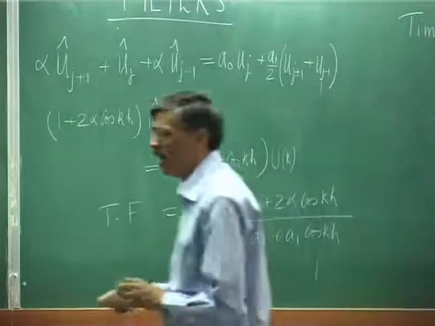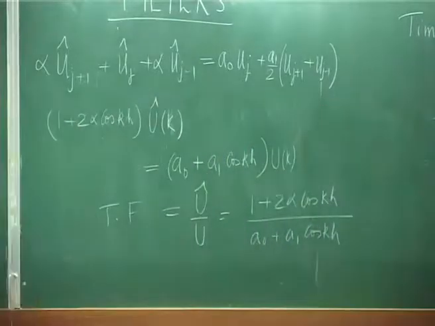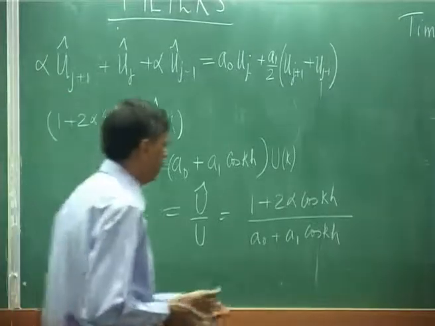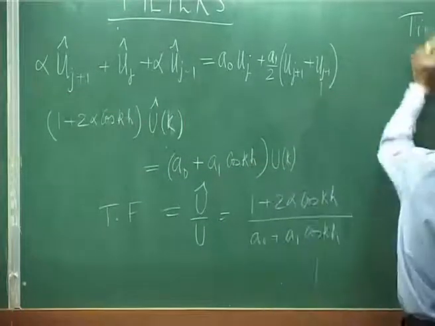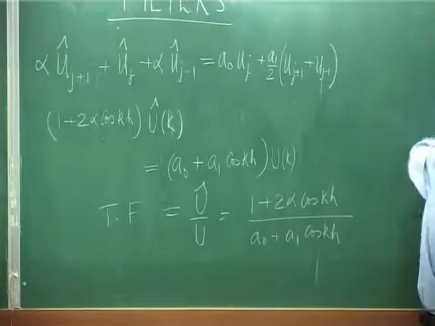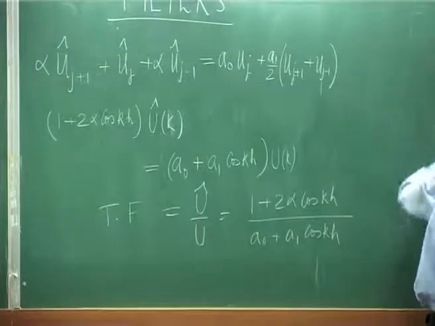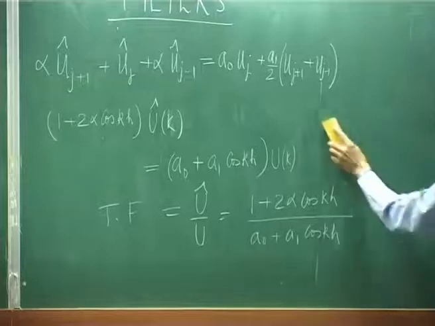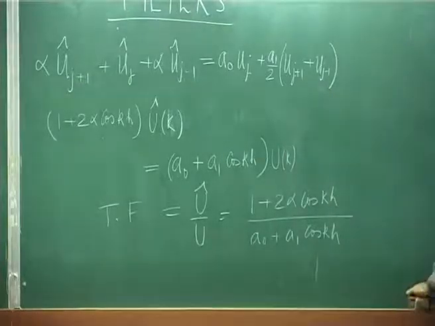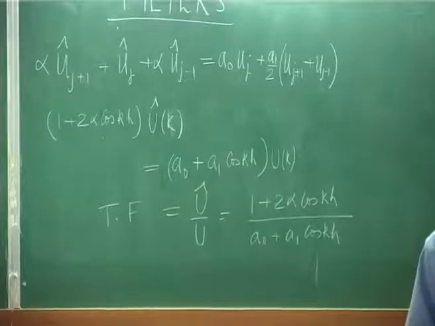Okay. One of the functions of these filters is to basically stabilize the computation, and by now I think we all agree that most of the time in numerical computation the problems arise at the highest wave number, right.